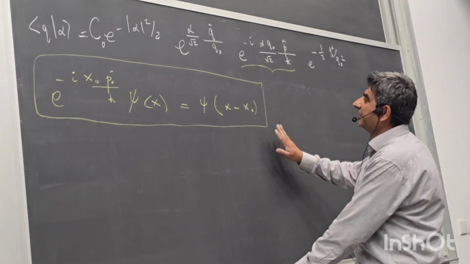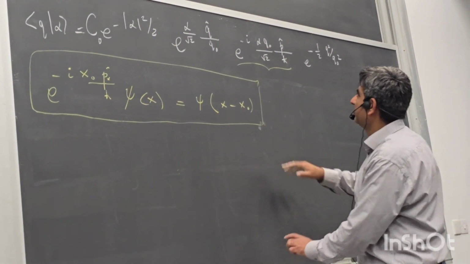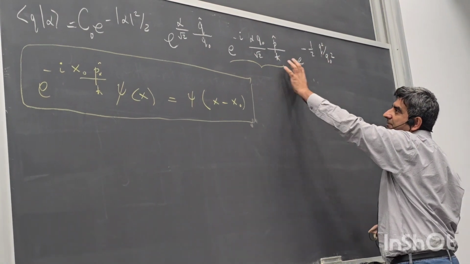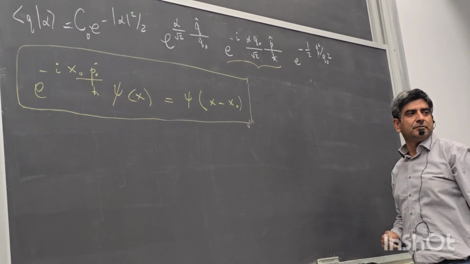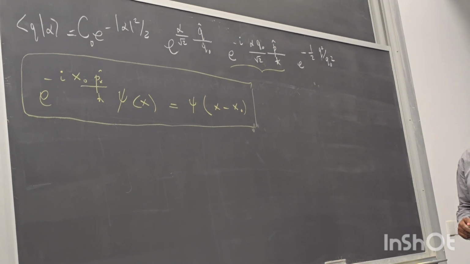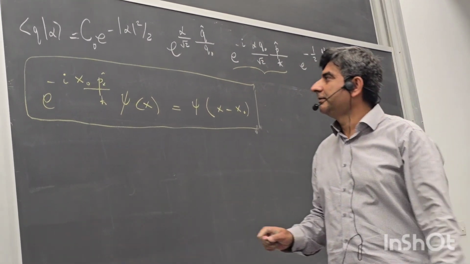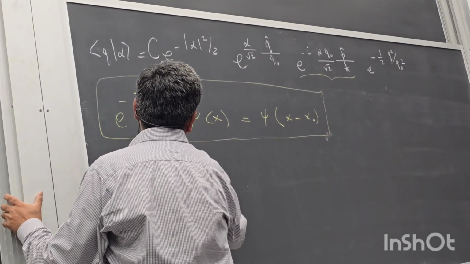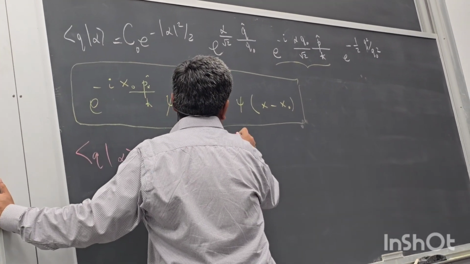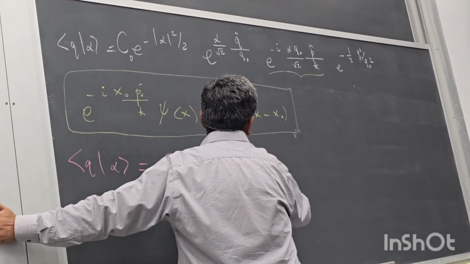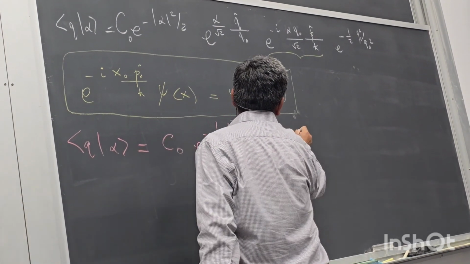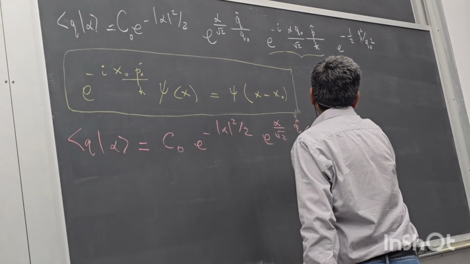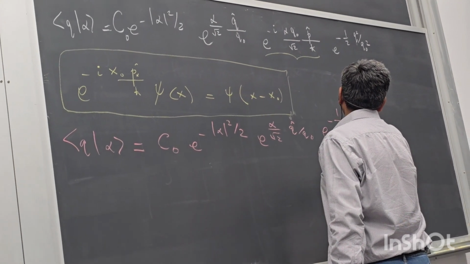So now with this relationship, I could immediately write this object as, q has to be displaced by this much. Correct? So my wave function becomes C naught e to the minus alpha squared over 2, e to the alpha over under root 2 q operator divided by q naught, e to the minus half q naught squared.